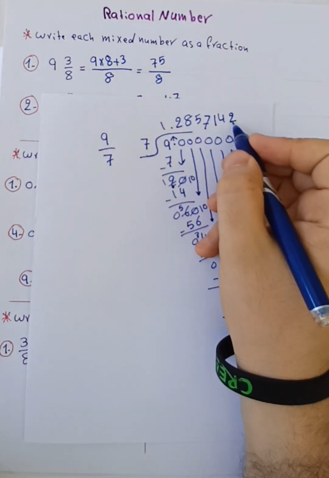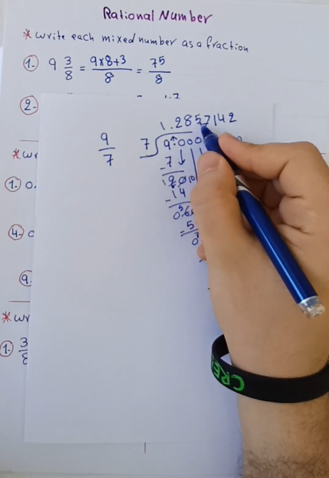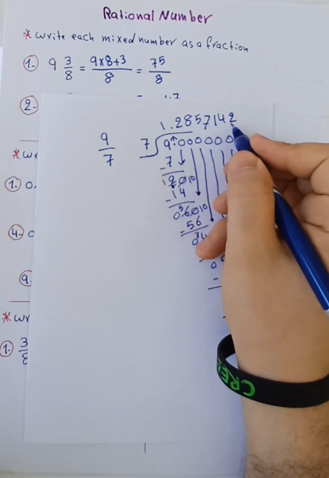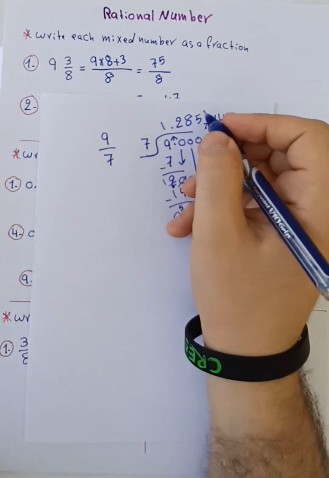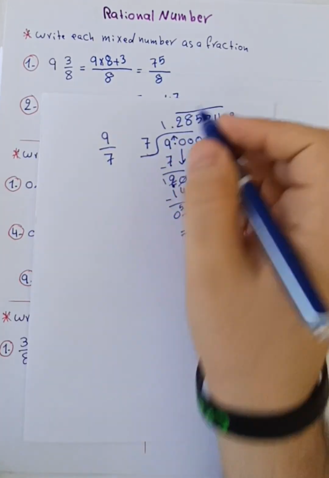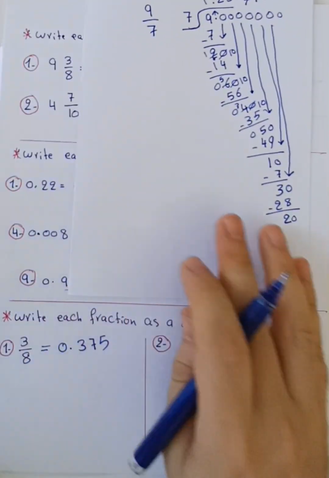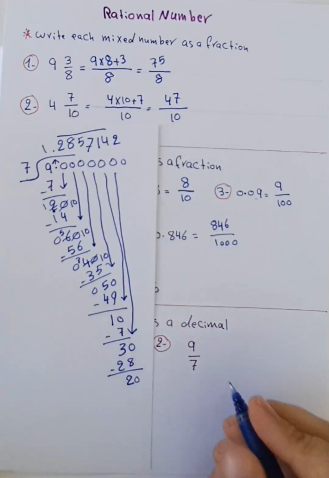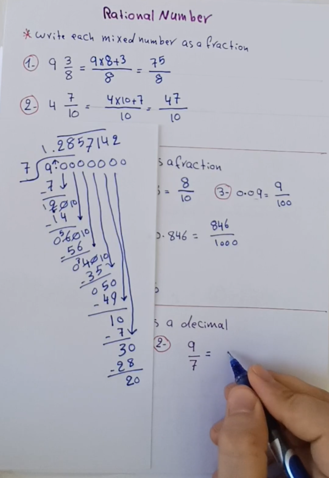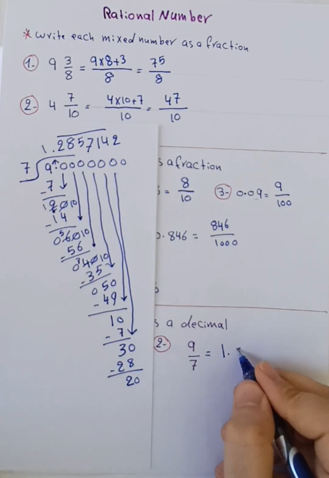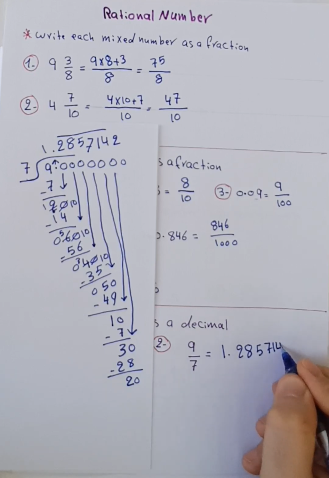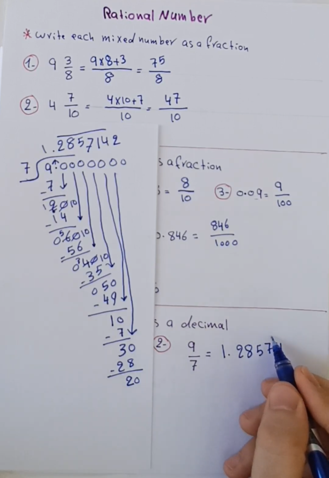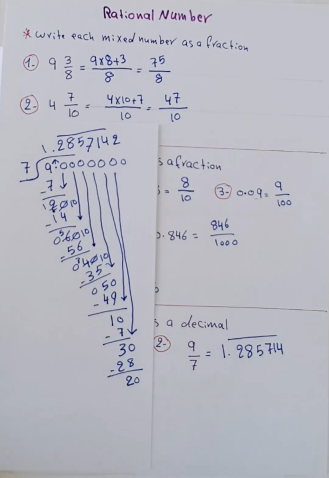We will get 2, 8, 5, 7, 1, 4, and then again 2, 8, 5, 7, 1, 4. So this division is a repeating division. So the decimal number for 9 out of 7 is 1.285714, and then this sign means this division is a repeating division.